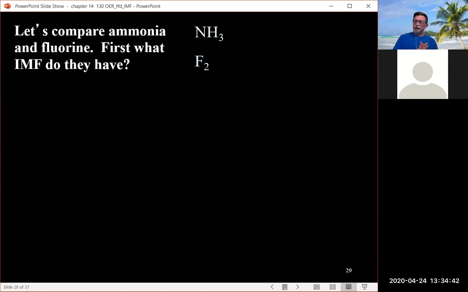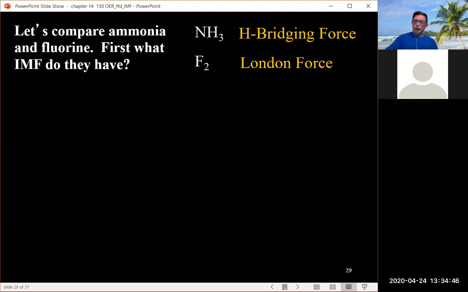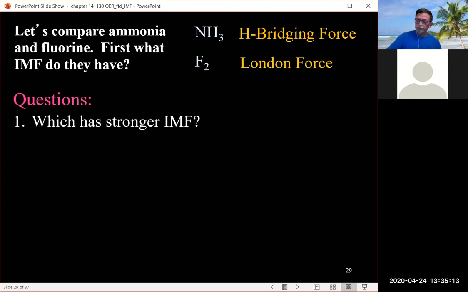Fluorine is diatomic, a nonpolar compound. Being nonpolar, the only force involved for fluorine is London forces. Ammonia is polar, and it has hydrogen bonded to nitrogen, so it has the strongest force, the hydrogen bridging force, okay? So once we identify what force is involved, we're able to answer some questions relatively.